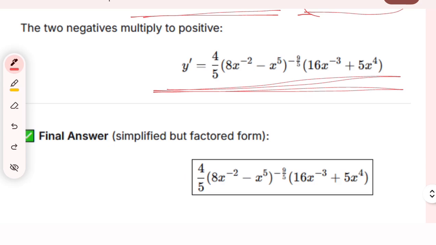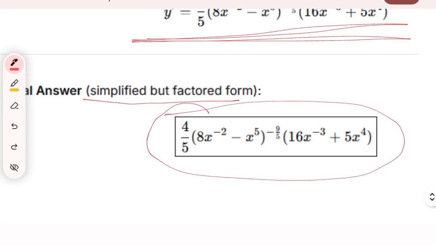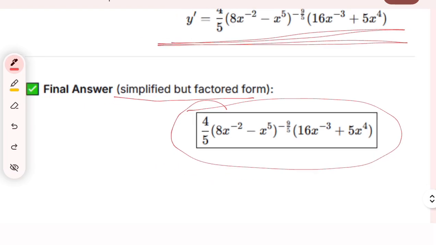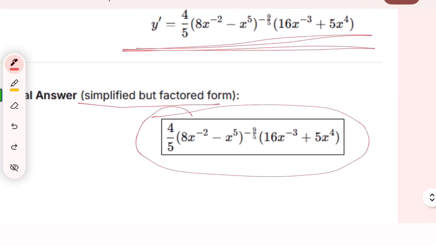If there's no way to simplify it, then that would be your final answer. So as you can see, since it can never be simplified nor factored out, that would be our final answer. So this would be the final answer of the chain rule.